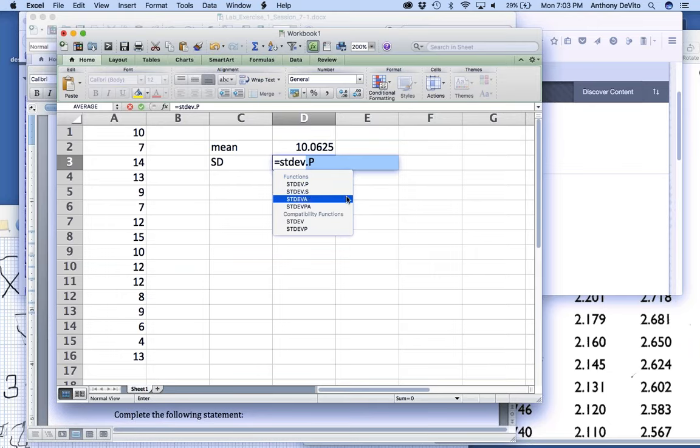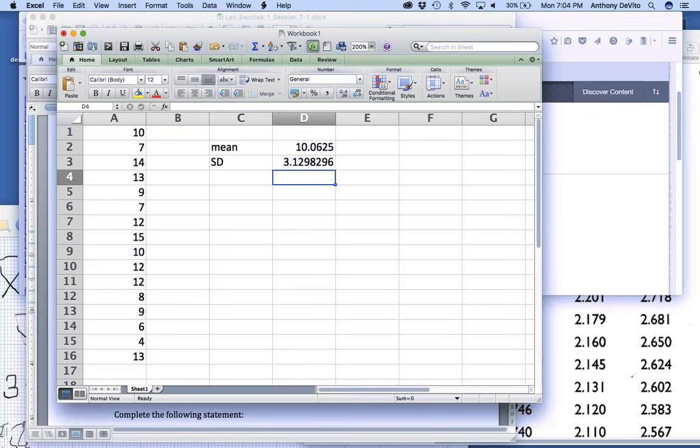Among the suggested results that come up are standard deviation here, but there's also other kinds of standard deviation that Excel does as well. Most of the time, those are newer versions of the same function. They're functionally going to be the same, except in certain special situations. You'll see me tend to ignore that and just use the old function, which is just standard deviation, because for our purposes, it's really not going to be any different. So that's my standard deviation.